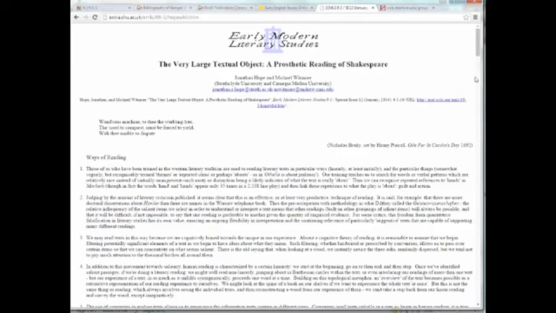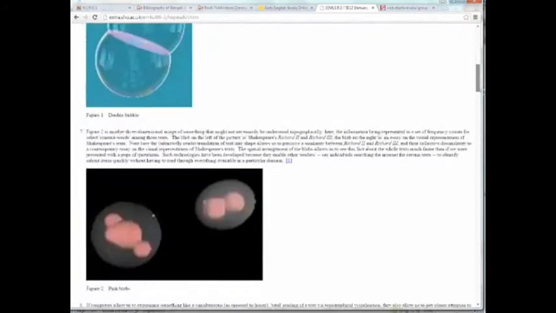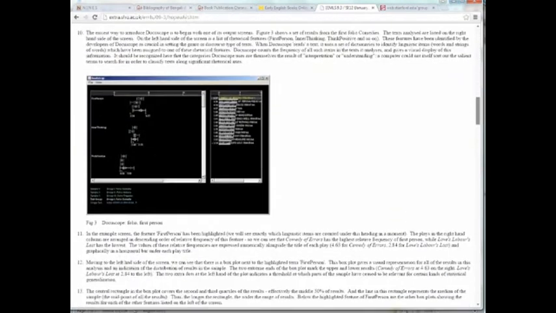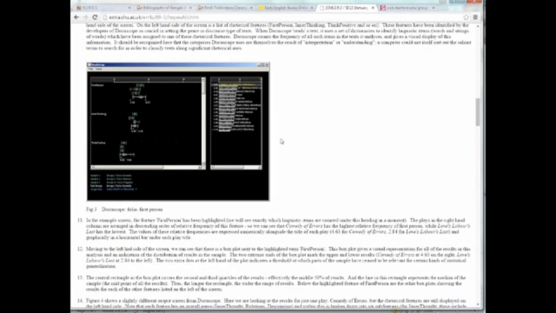The results are embodied in this very important article, which is included in your reading matter, but let's quickly take a look at a diagram. I don't have time to explain it, but I'll just point it out to you, and you can look at it as you go through the article.